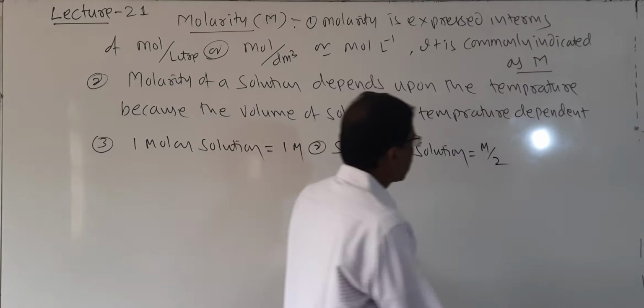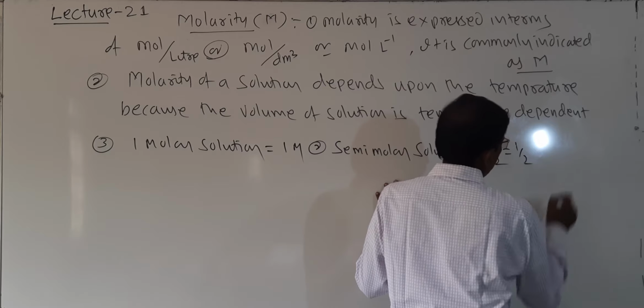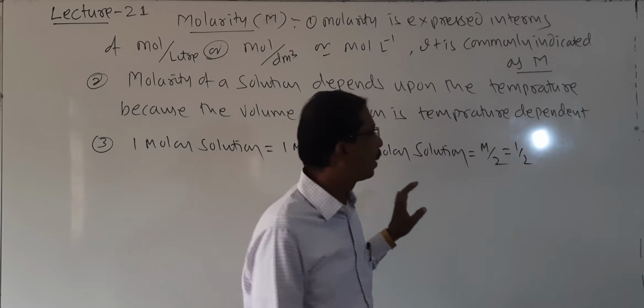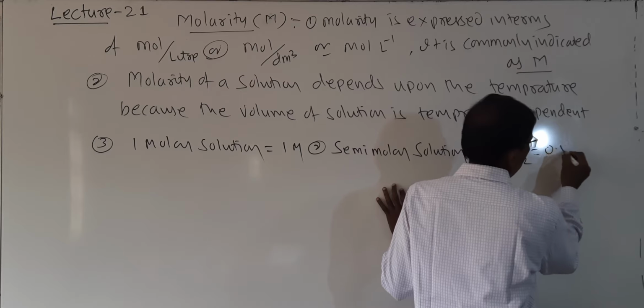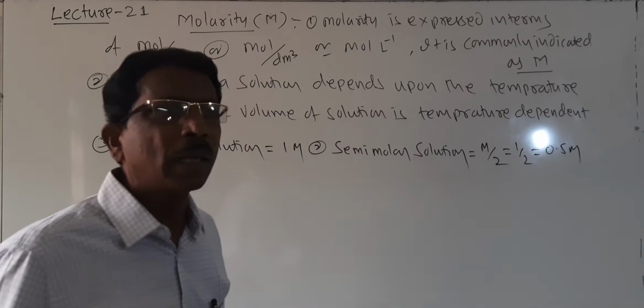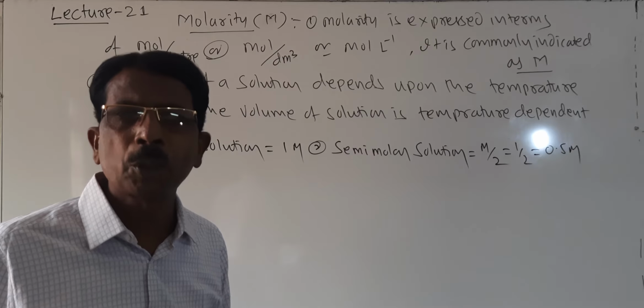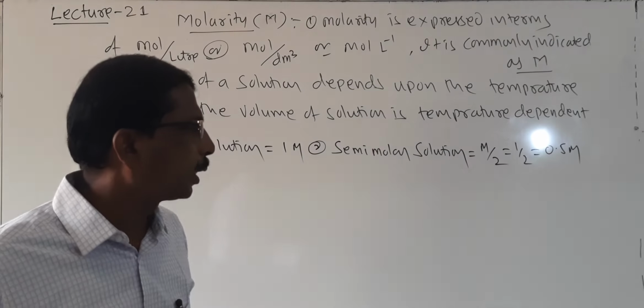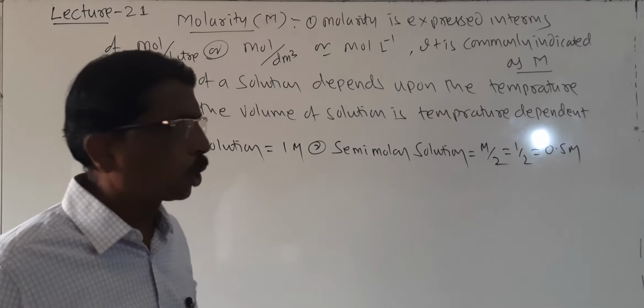M by 2 means 1 by 2 of 1 molar, which is nothing but 0.5 M. Look here students, a semimolar solution means M by 2, which is 0.5.